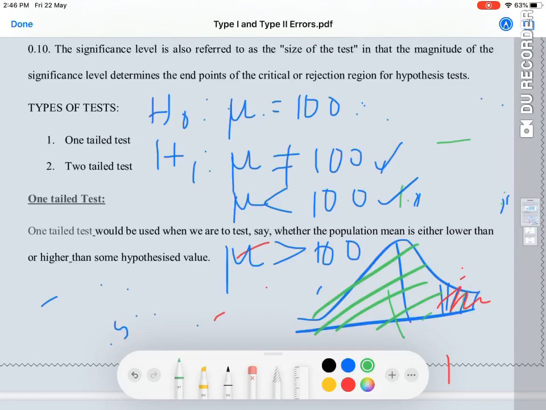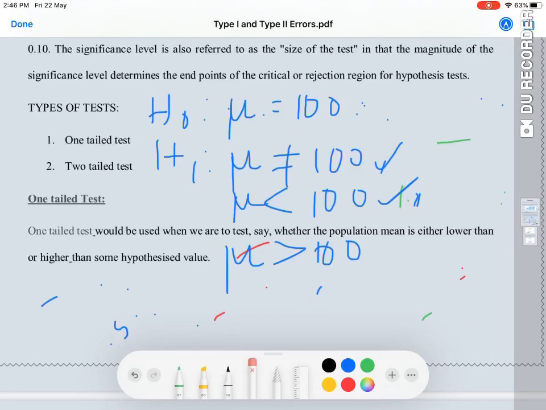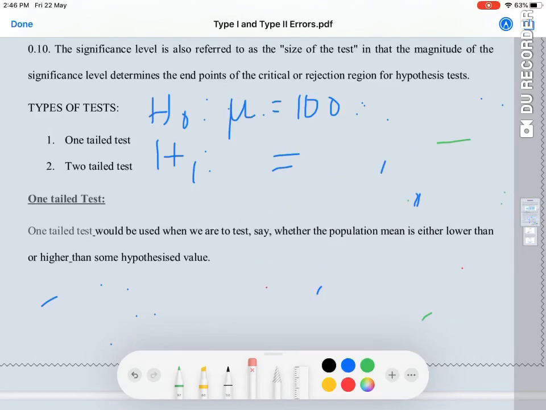If it falls in this region, we reject h naught. So basically we are trying to judge whether to accept or reject h naught based on the part in which the calculated value falls.